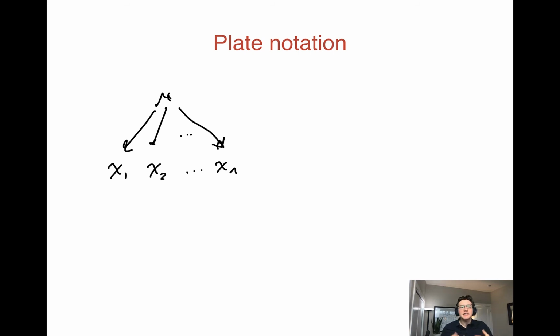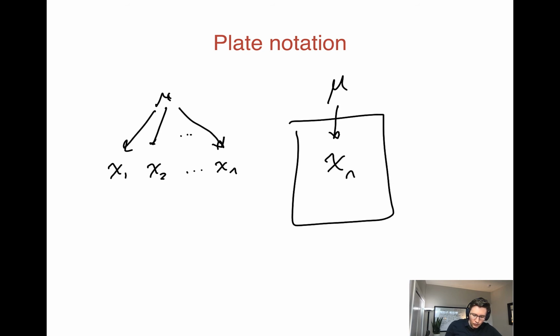Some kind of syntactic sugar, that is to say, some way we can make it a little bit easier to look at, is with what's called plate notation. So here we have mu, there's just one mu, and then here we're going to write xn with a plate, indicating that there are multiple copies of x indexed by n.